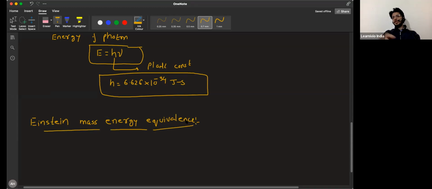So the mass energy equivalence of Einstein says that mass can be converted into energy or energy can be converted into mass. So mass and energy are not two independent terms. They depend upon each other.